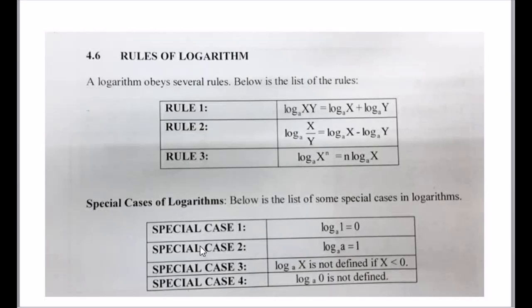This time we will try some questions where we have to apply rule 3, where for log base a x power n, we can bring the power to the front. This question is from question number 3b. x log base 10 5 is equal to log base 10 5 power x.